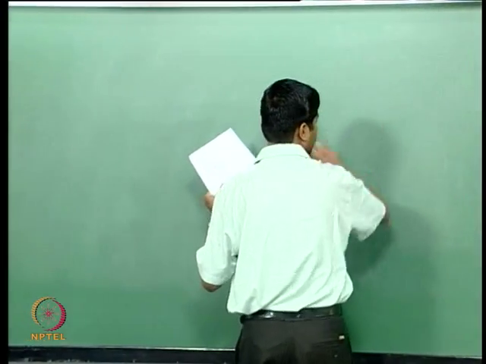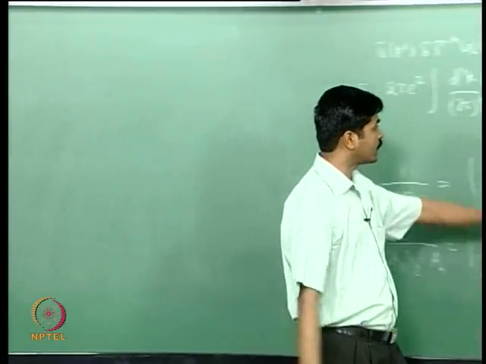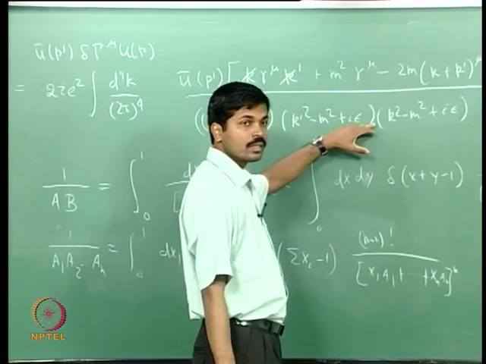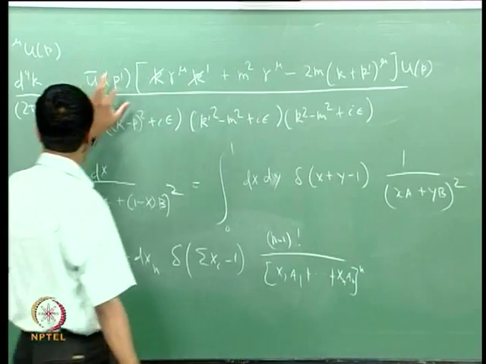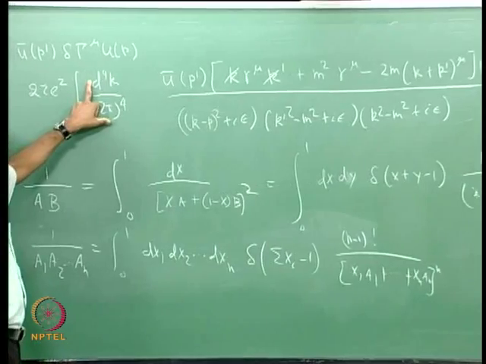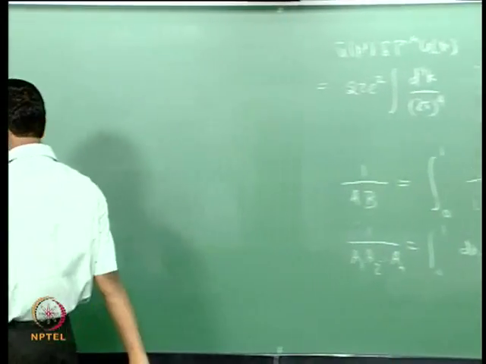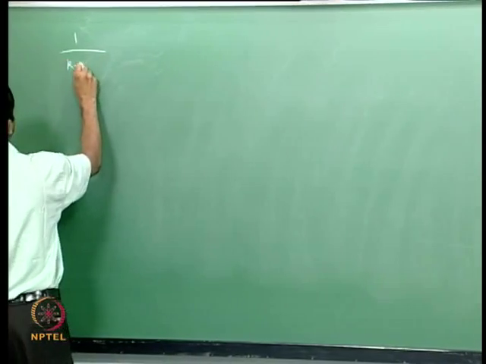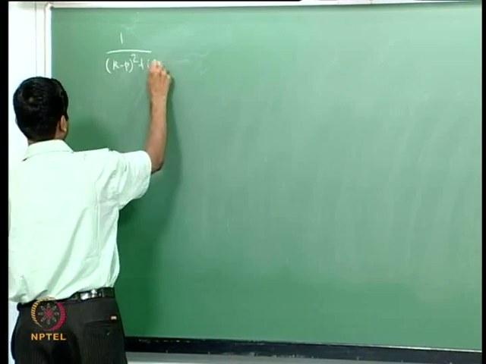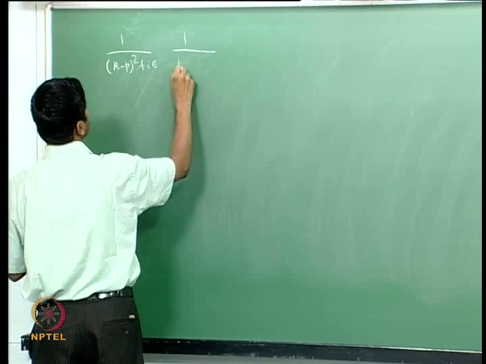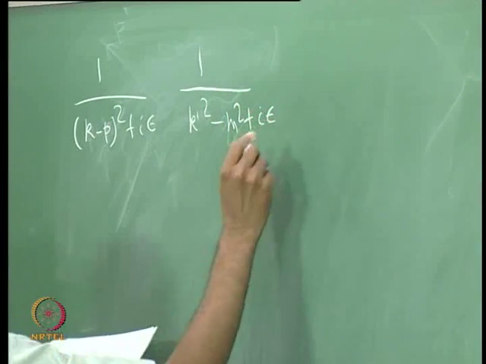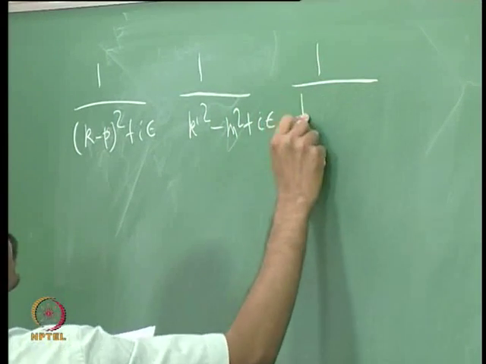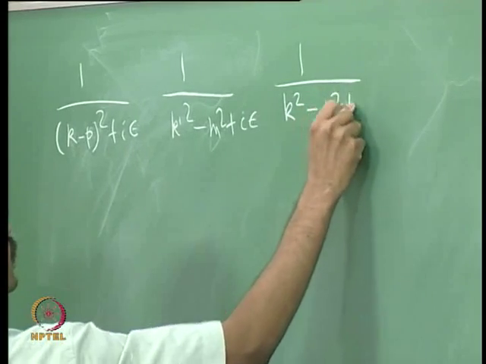So the idea here is that we will use this formula and simplify this denominator, and then we will simplify the numerator and then carry out the d4k integration. So the denominator is 1 over k minus p whole square plus i epsilon, 1 over k prime square minus m square plus i epsilon, 1 over k square minus m square plus i epsilon.